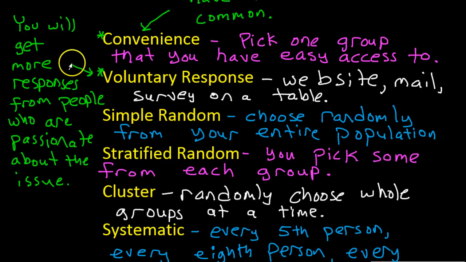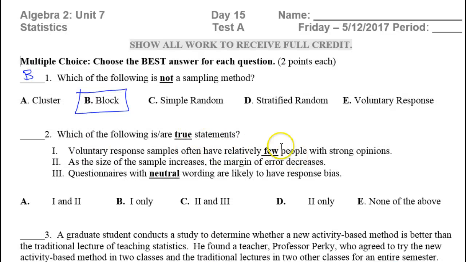Voluntary response samples, you're going to have more responses from people who are passionate about the issue, people who have strong opinions. All right? So this is the opposite of what's true. You're going to have few people with strong opinions? No. You're going to have many. You're going to have more people with strong opinions. So number 1 is false, so that's not going to be included for sure.